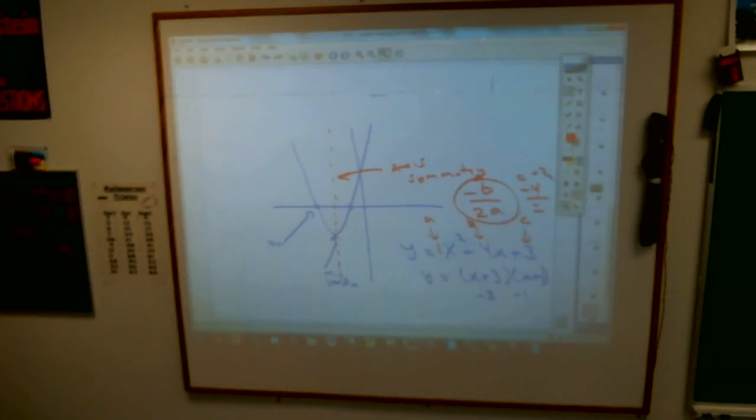Give the coordinates of each parabola's vertex, then give the minimum or maximum value and domain and range of that function. Who thinks that they can answer every one of those questions? Give the minimum or maximum value, and domain and range.